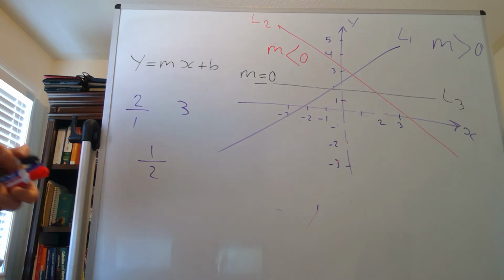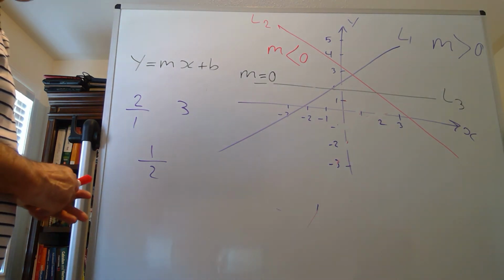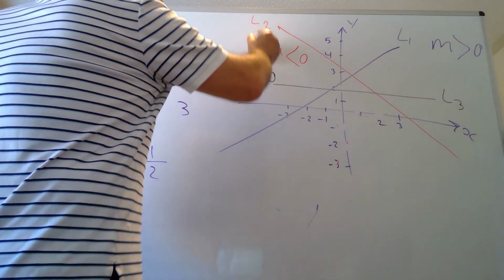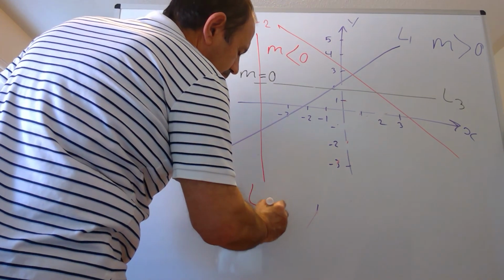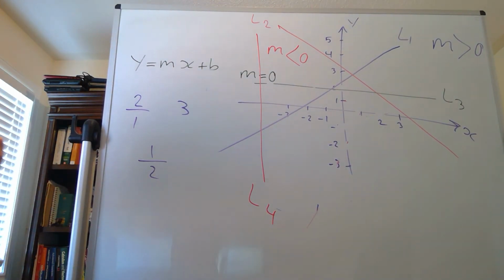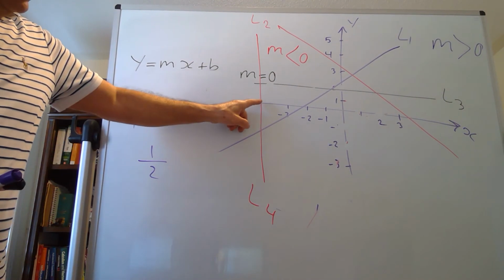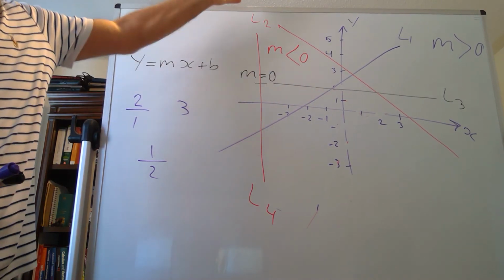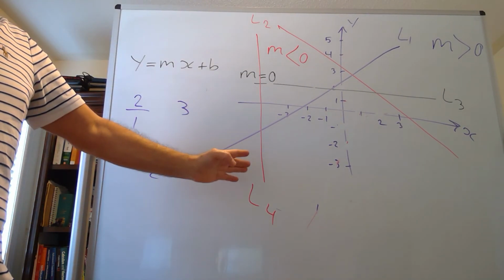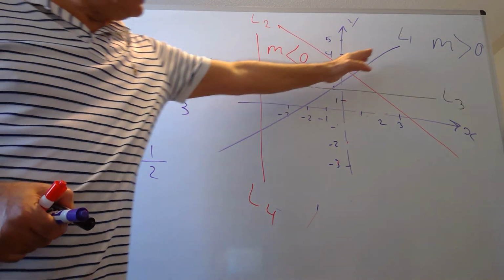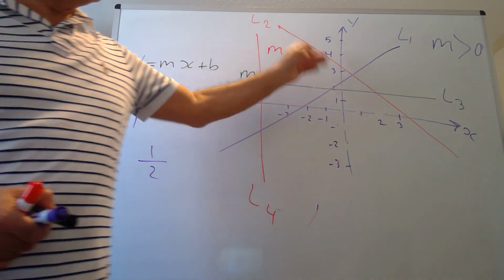The other one is the vertical line. Look at this vertical line, line 4. Can you see that in this vertical line, only at this underlined point, the slope is very big? Look at this purple line or this red line.